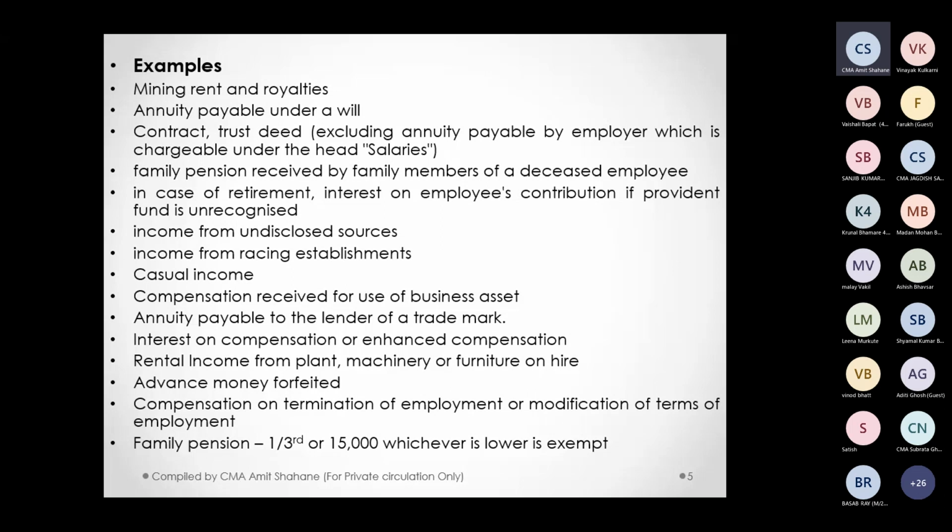But from 23-24 onwards, even if you are opting for the new regime, you will still be able to claim the standard deduction as well as this 1/3 or 15,000, whichever is lower, as the exemption.